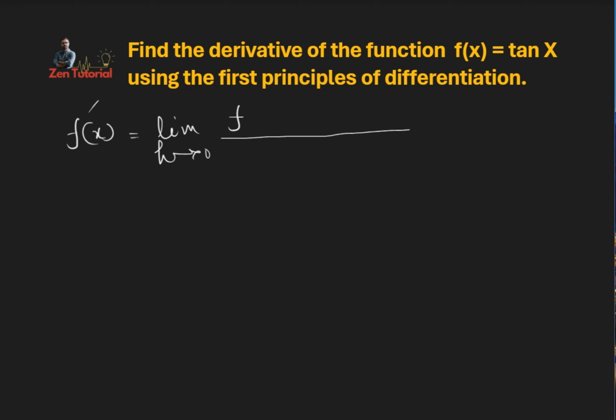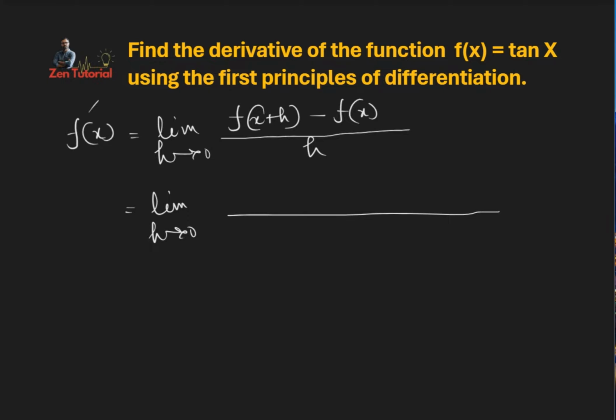This is the definition of the first principle of differentiation, f of x plus h minus f of x over h. Limit h tends to 0, and f of x plus h means tan of x plus h minus tan of x over h.